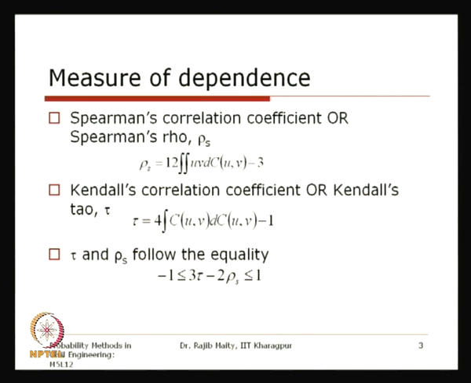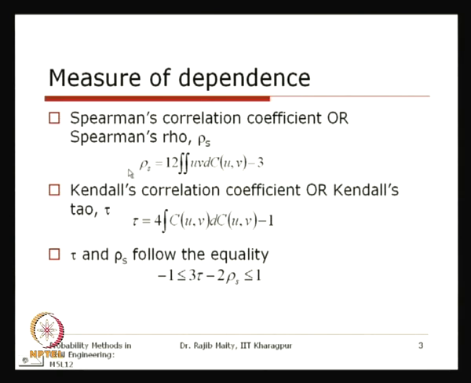As was discussed in the last class, there are two main measures of dependence that we will be using, and these are the expressions for those. First one is the Spearman's correlation coefficient or the Spearman's rho, and this rho s is equal to 12 times the double integration with respect to the copula function minus 3.